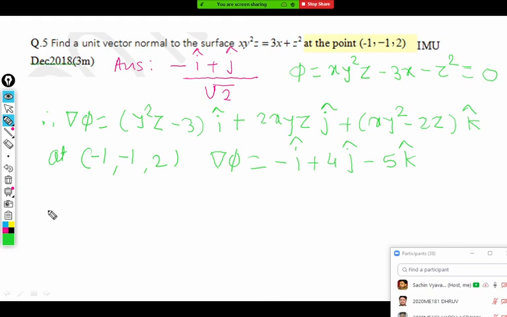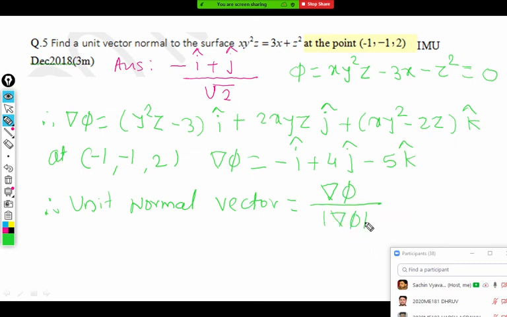The question is to find the unit normal vector. Therefore, the unit normal vector is equal to del phi divided by its own magnitude, which is minus i plus 4 j cap minus 5 k cap upon root 42.